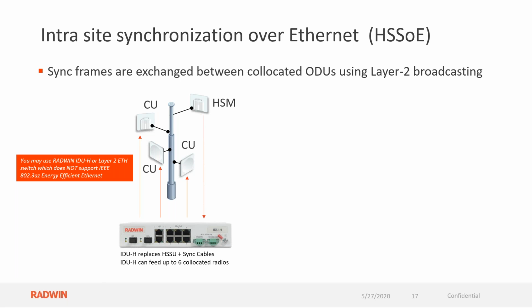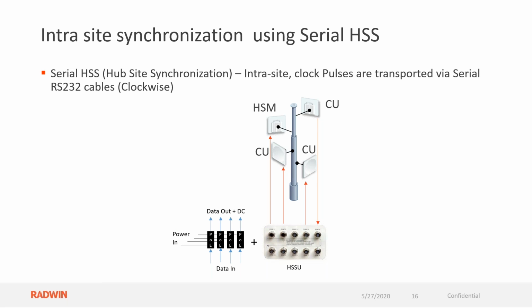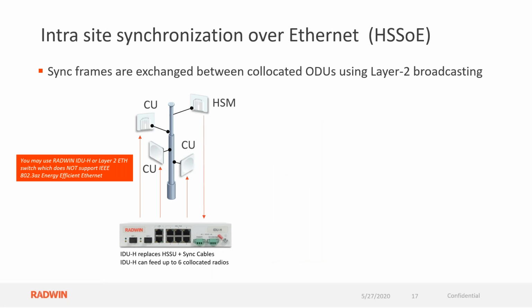But before that, if you go a little bit backward, the master provides the clock to the other subscriber units. And in many policies, by the way, in many countries, if there is no synchronization, the interfered entity needs to stop transmitting.